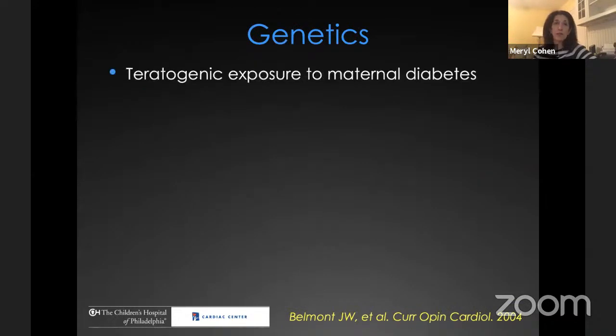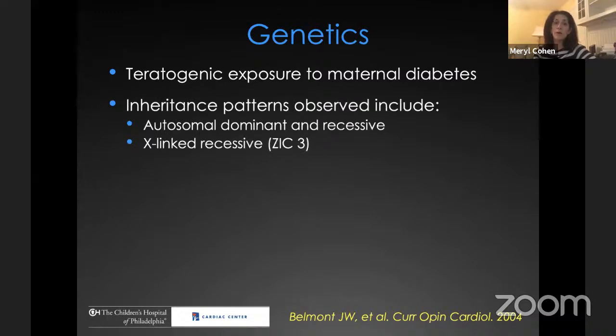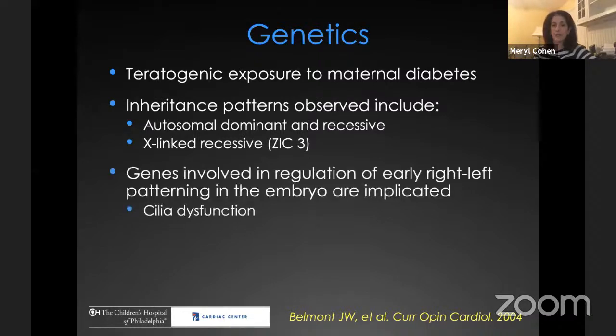Much information and progress has been made in figuring out the genetics of heterotaxy and isomerism. In some cases, there have been reports of teratogenic exposure to maternal diabetes, but other inheritance patterns have been noted, such as autosomal recessive and dominant, as well as X-linked.